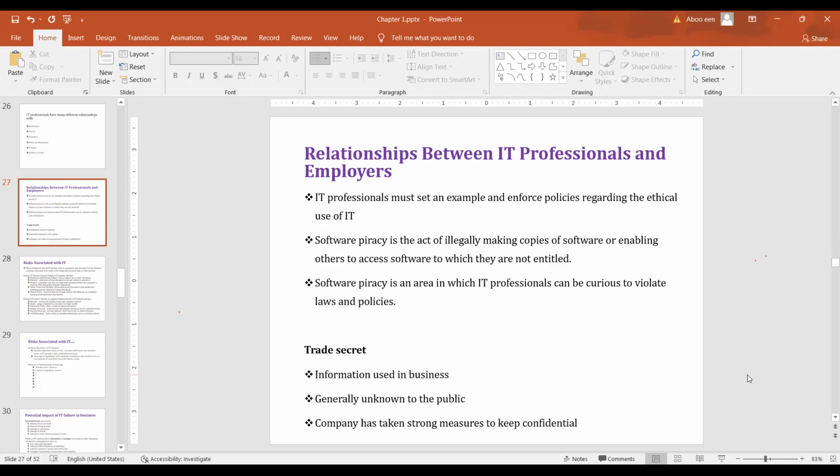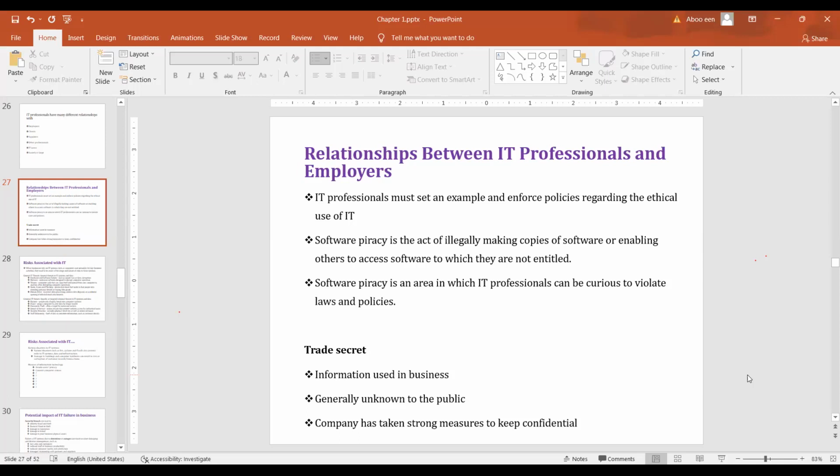Any other? Network problems. Okay, network problems, great. General IT risk.